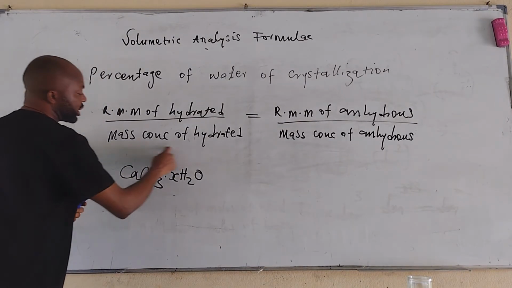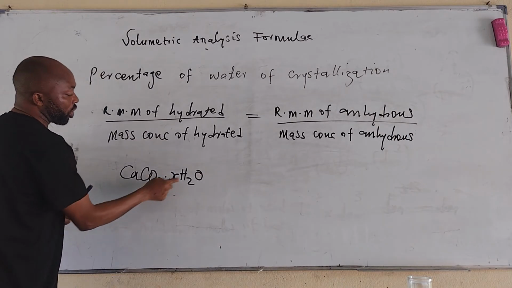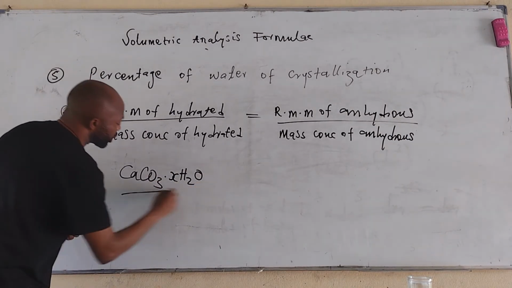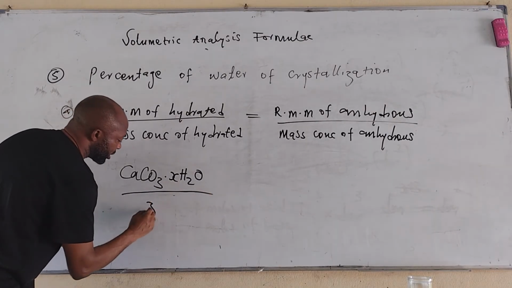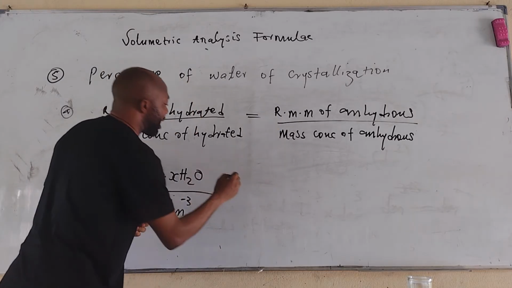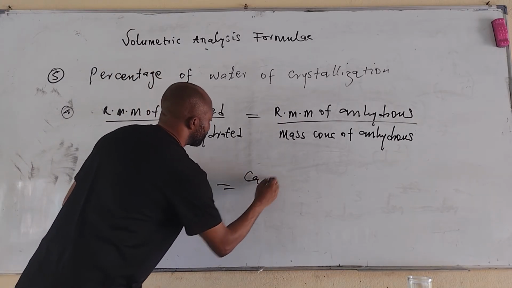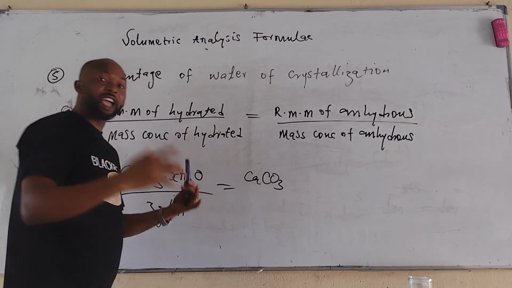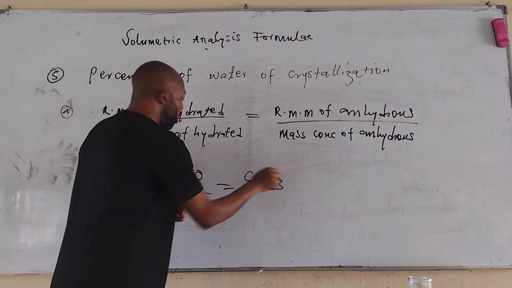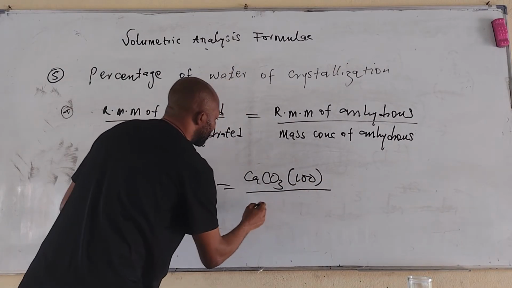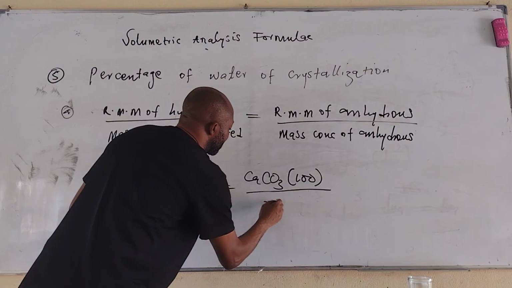If I calculate the relative molecular mass, this is 100 plus X18, over the mass concentration, which I don't know, let's call that 3 g/dm³. For example, this is equal to that of anhydrous calcium trioxocarbonate(IV). There is no water in it, it is anhydrous. So this becomes 100 over the mass concentration, let's call it 20 g/dm³.